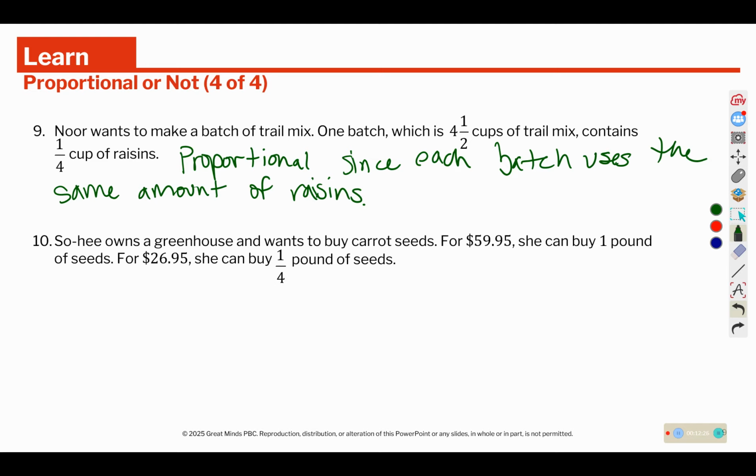To find that constant of proportionality, we need to divide. We want the raisins per batch, or raisins per cup of trail mix.